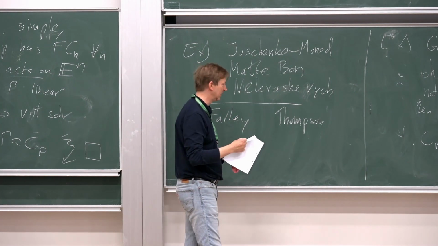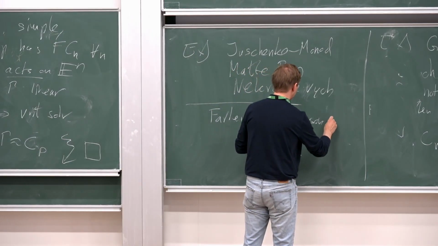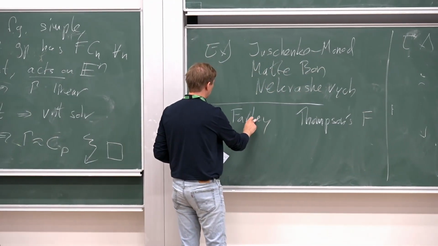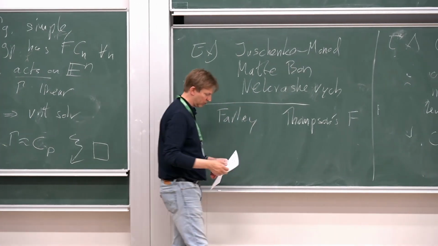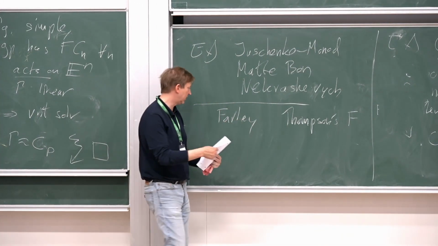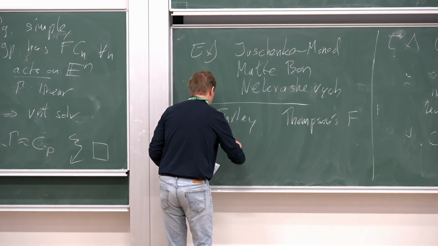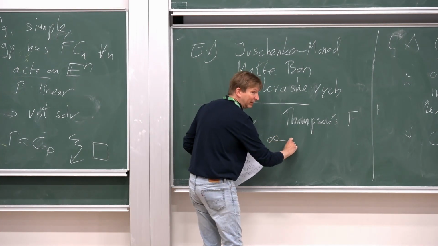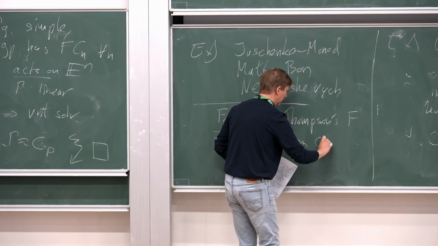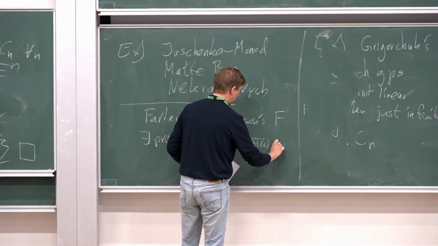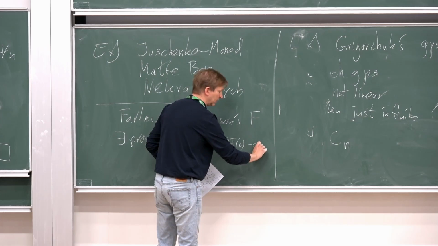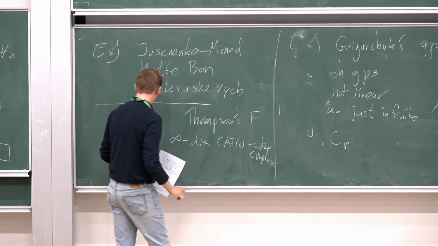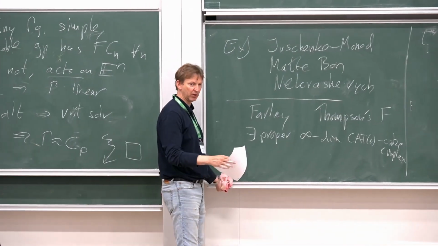Or you have Thompson's group F, and his idea was to use that he got a proper fixed point free action on a proper, unfortunately infinite dimensional, CAT(0) space. And so fixed point free.